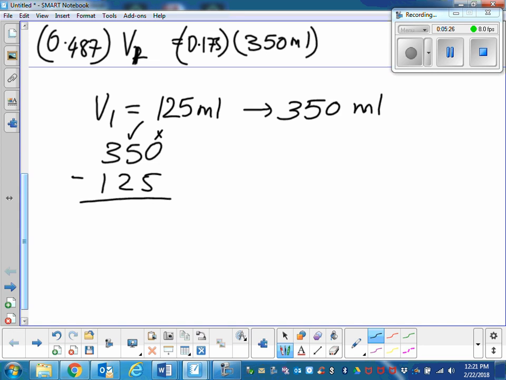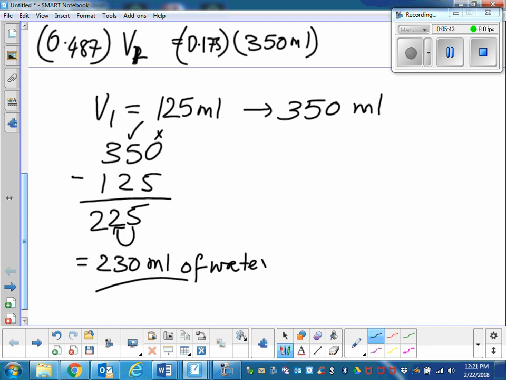So when you subtract, even if you get 225, you will round this and you will say it's 230 milliliters of water should be added in order to make the dilute solution of 0.175 M.